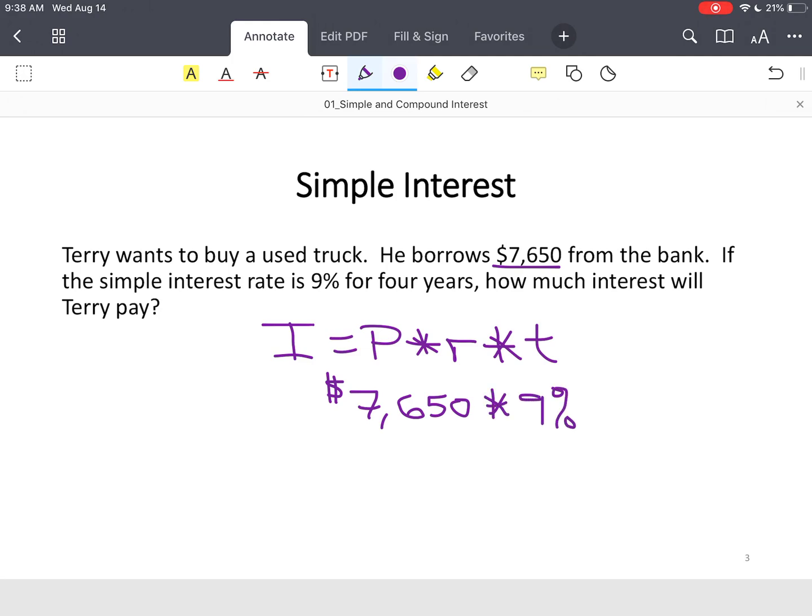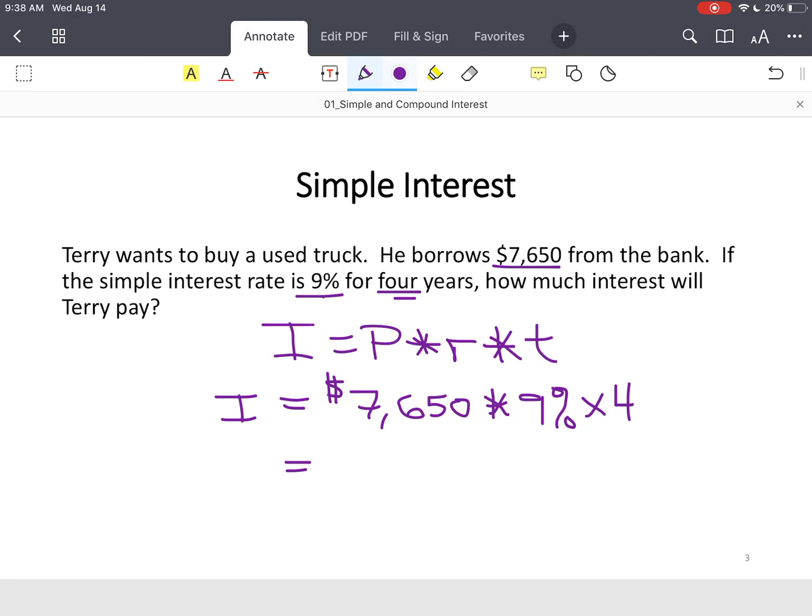Now, this is why you need to be able to convert from a percent to a decimal. 9% is 0.09, times the time, in this case, 4 years. All right. Now, the question is how much interest. So all we care about is the interest portion, not the total amount repaid, just the interest.